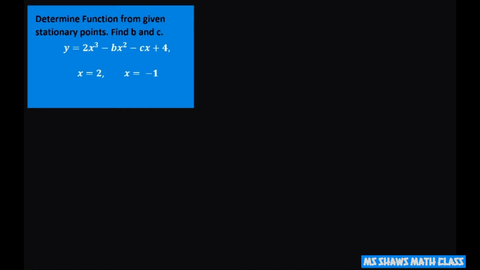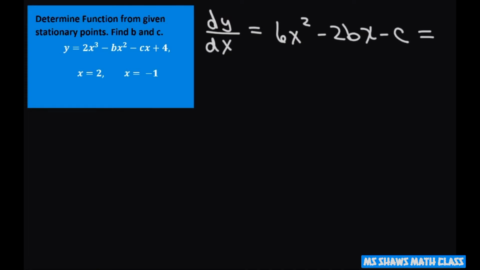The first thing we want to do is take the derivative of y with respect to x. That gives us 6x squared minus 2bx minus c, and we set this to 0.